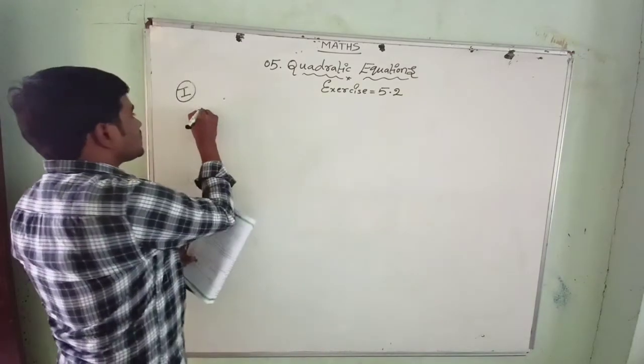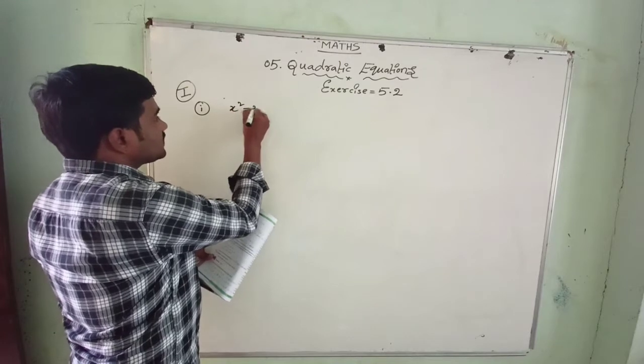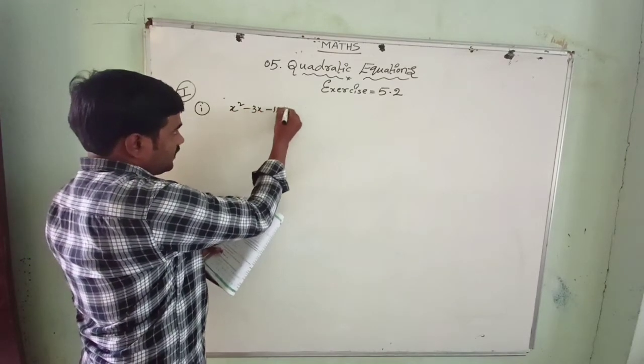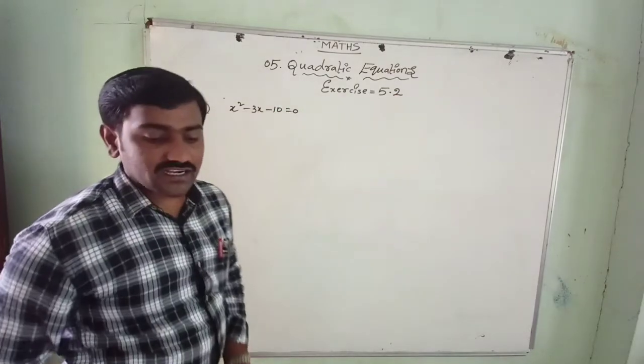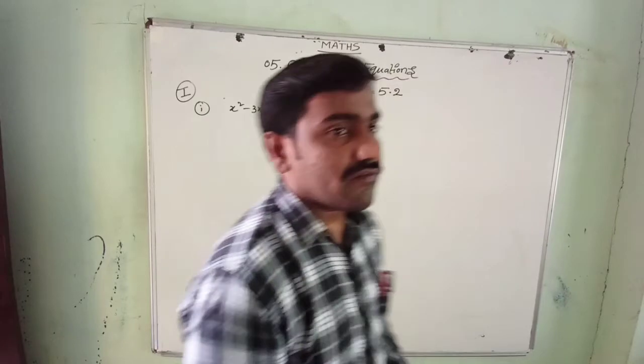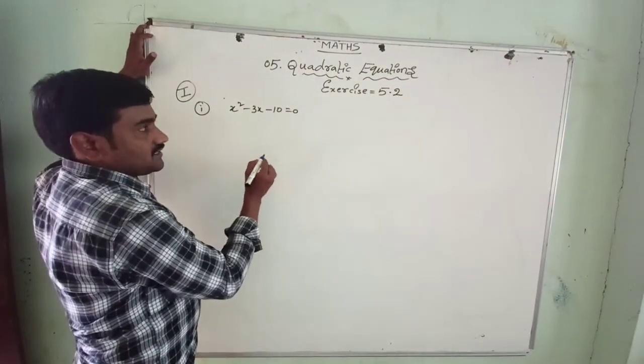The first question is x square minus 3x plus 10 equal to 0. Let us factorize this quadratic equation, and then we will find the value of x. See how we can factorize the quadratic equation.